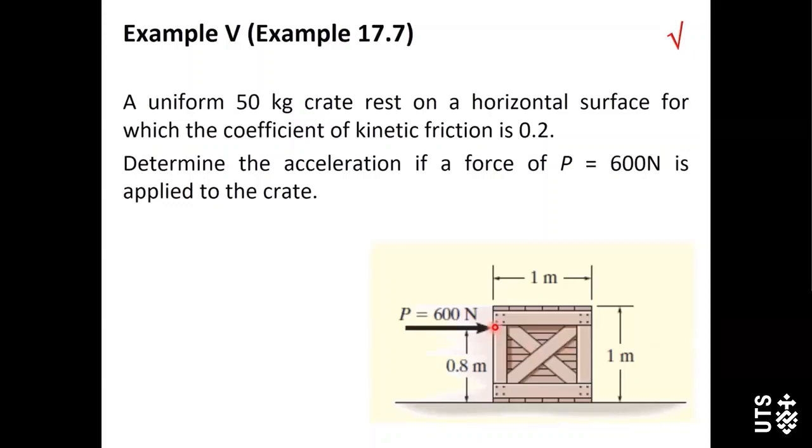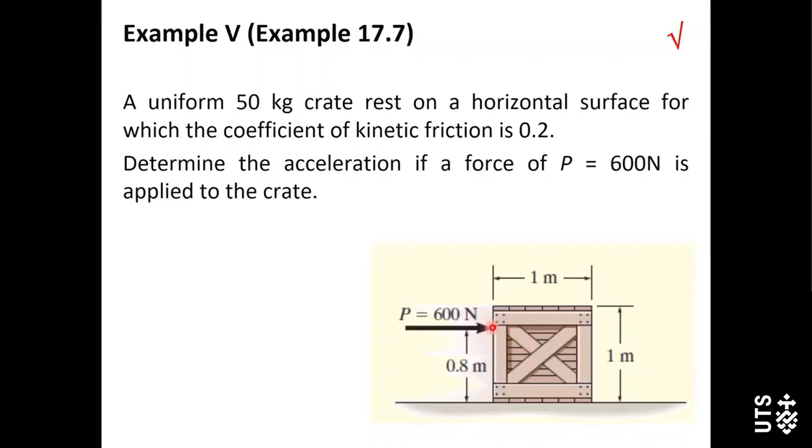Another possibility here is, if the acting point of the force is here, and if the crate is very heavy, or if the friction between this crate and the surface is very high, what might happen?